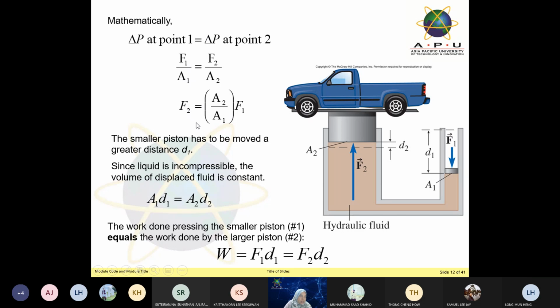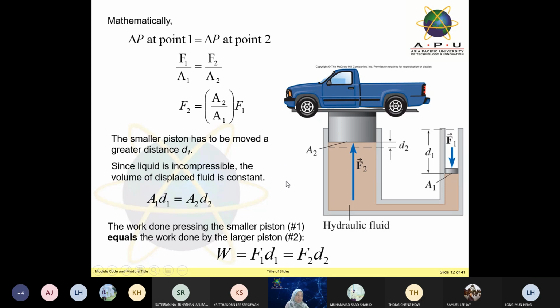Other than this formula, F1 per A, we have another formula which involves the distance. D1 is the distance to push the piston. D2 is the distance to push F2.